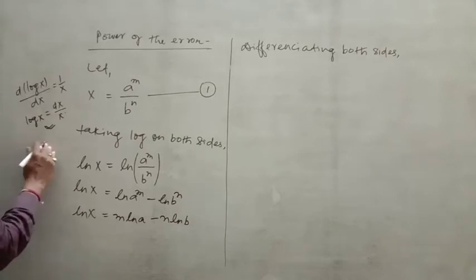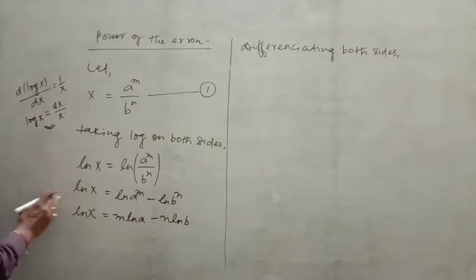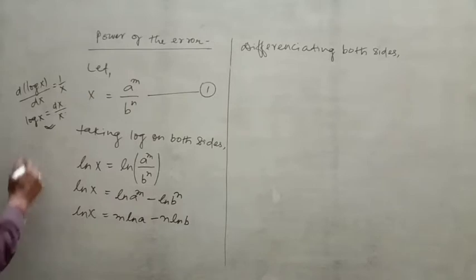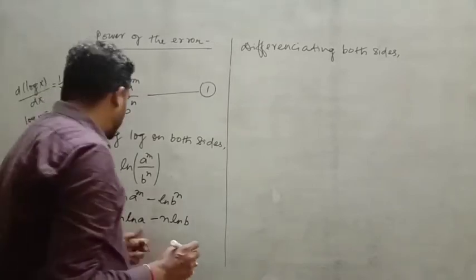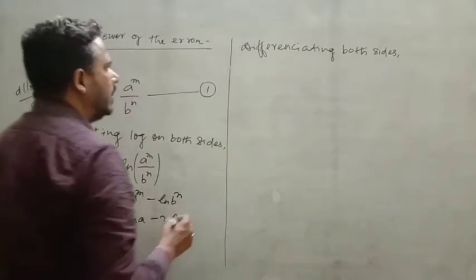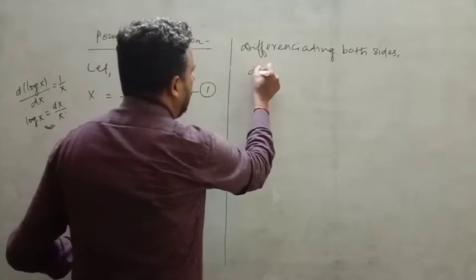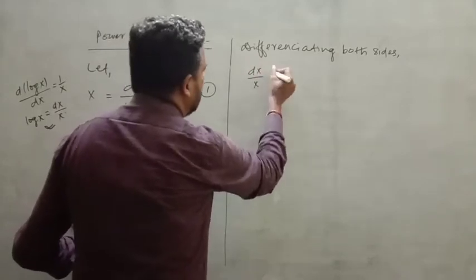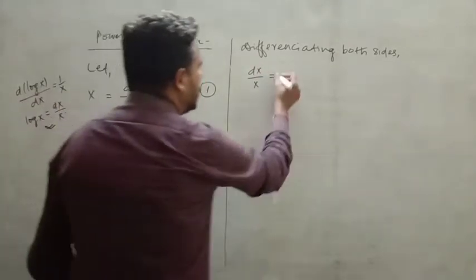Now after differentiation, we will get dx by x on the left, and here m is a constant.